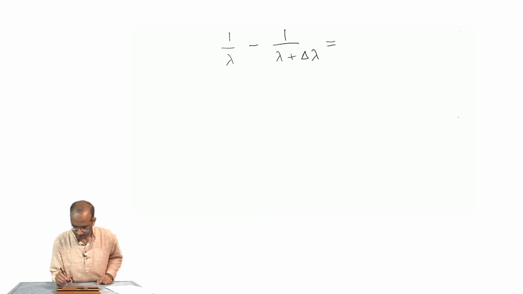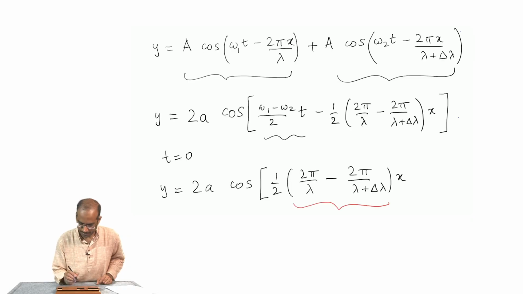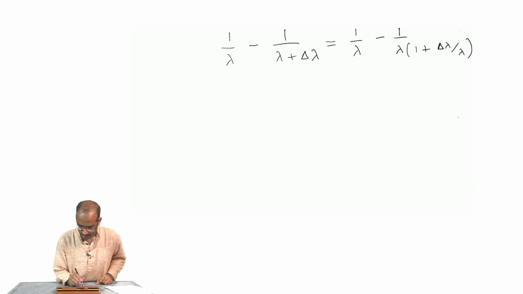So, this will be 1 by lambda minus 1 by, taking lambda outside, 1 plus delta lambda by lambda. Now you can take 1 by lambda outside.